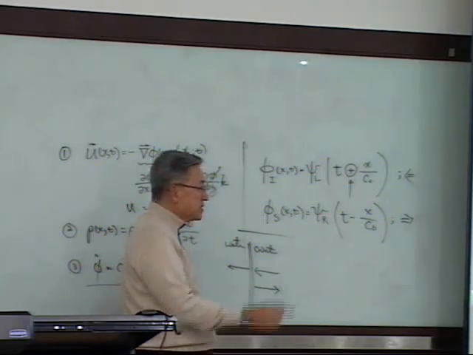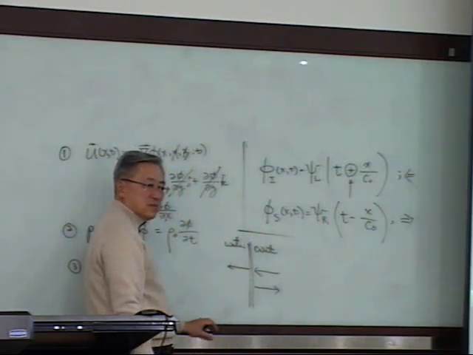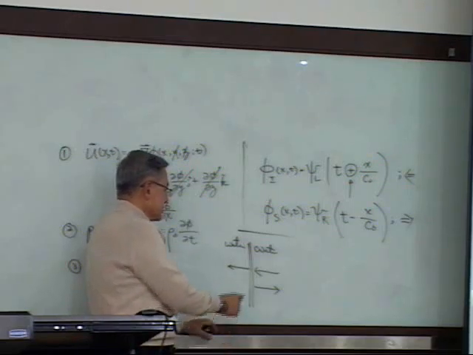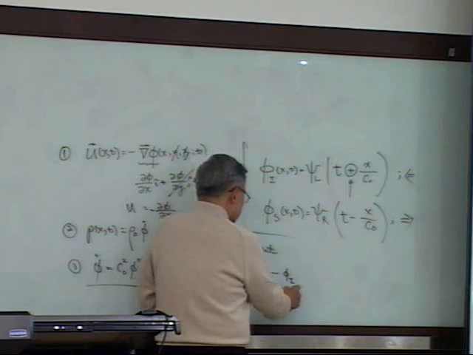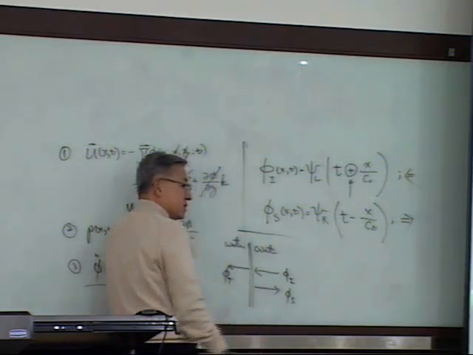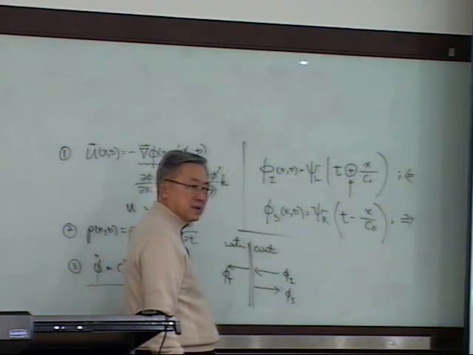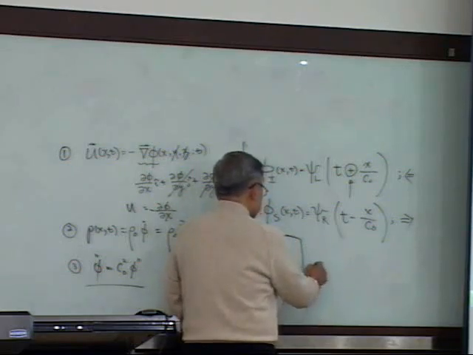So you have to define one more function, a velocity potential function. This is something like psi I. This is the scattering psi S. You have to define psi T, transmitting.